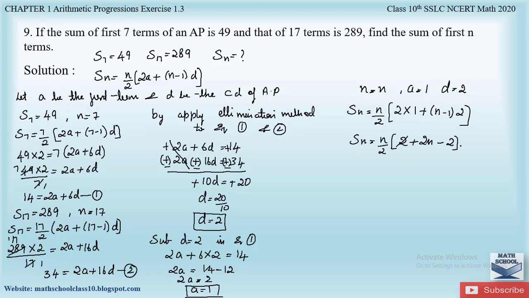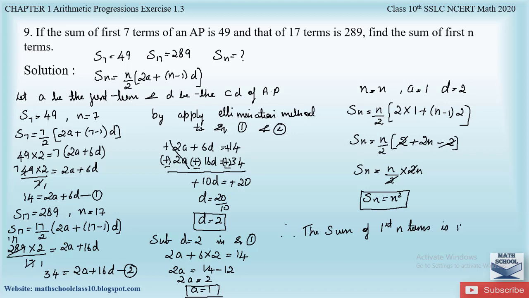So this plus 2 and minus 2 will get cancelled, or Sn is equal to n divided by 2 into 2n is left. So this 2 and this 2 also will get cancelled. So we are left with Sn is equal to n into n, that is n square. So the sum of the first n terms is given by n square. So we got the result. Therefore the sum of the first n terms is n square.